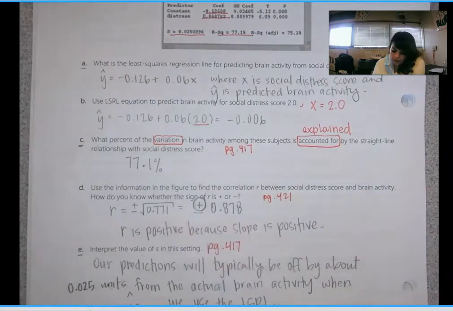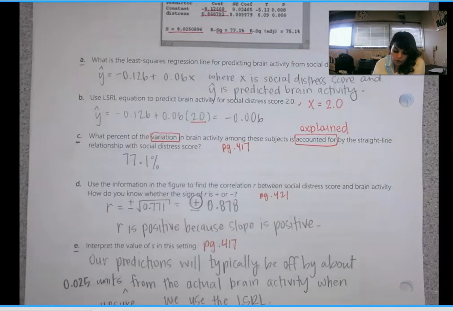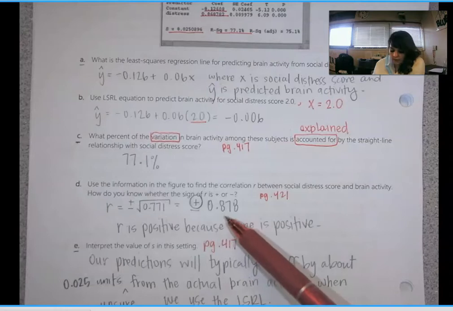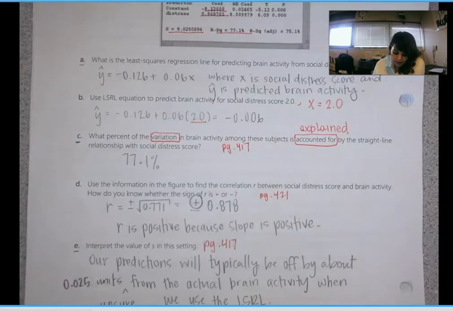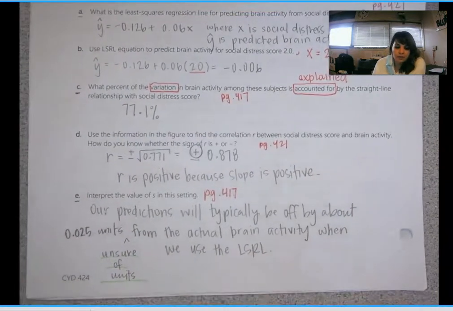Part D, we calculate our correlation coefficient. The correlation is a strong correlation at 0.878. And lastly, we interpret our value of S. Remember, we can think about S as our typical prediction error, by about how much are we off when we make a prediction using our line.